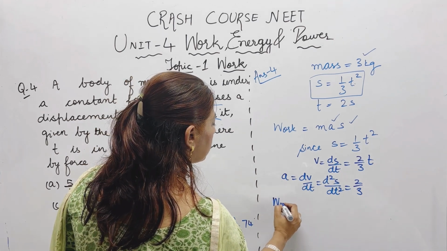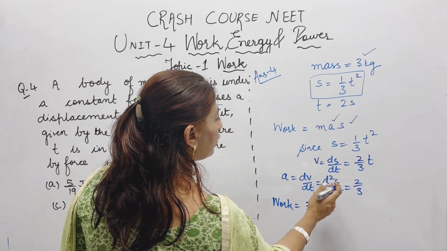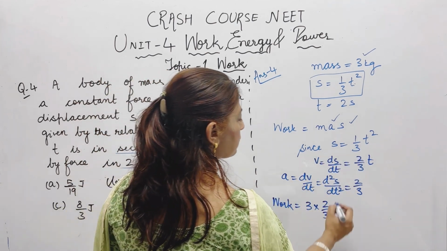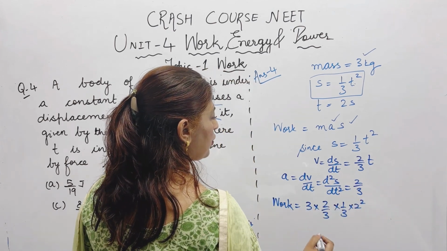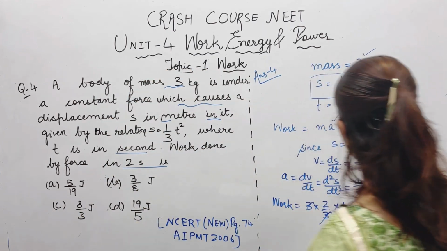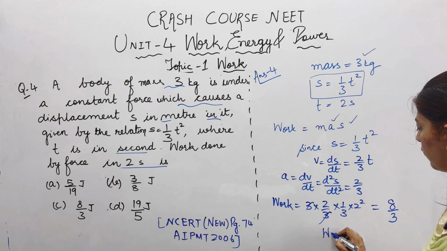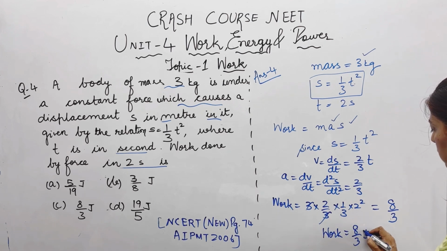So work is equal to 3 into 2 by 3 into displacement 1 by 3 into 2 square. So this value comes out 8 by 3. So work is 8 by 3 joule.